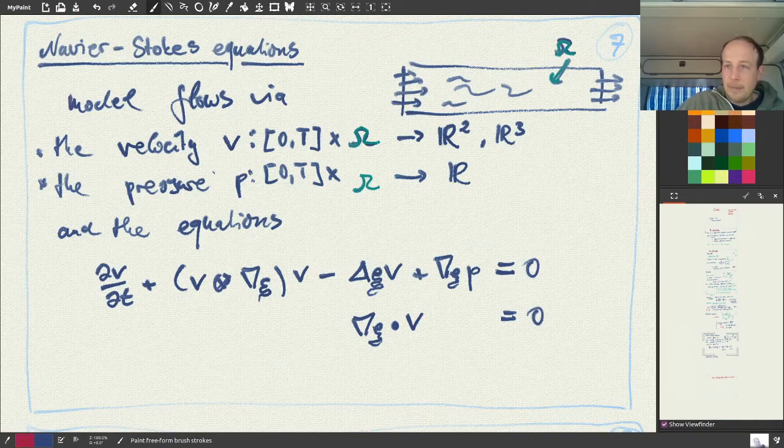Now, there's the theory of PDEs and abstract differential equations, but think of the velocity taking a time and returning a function that depends on the space. So this little thing is more or less the v dot, the time derivative of the velocity.